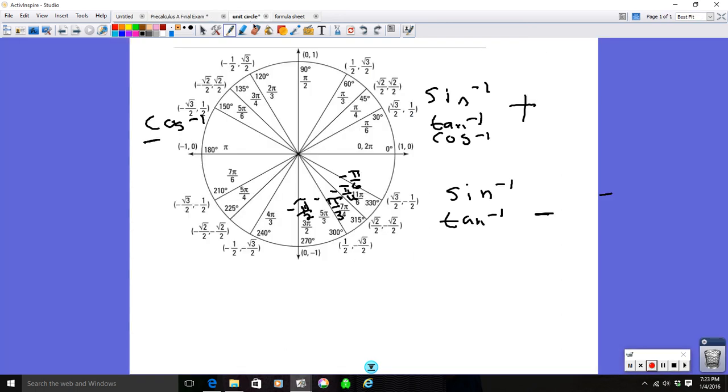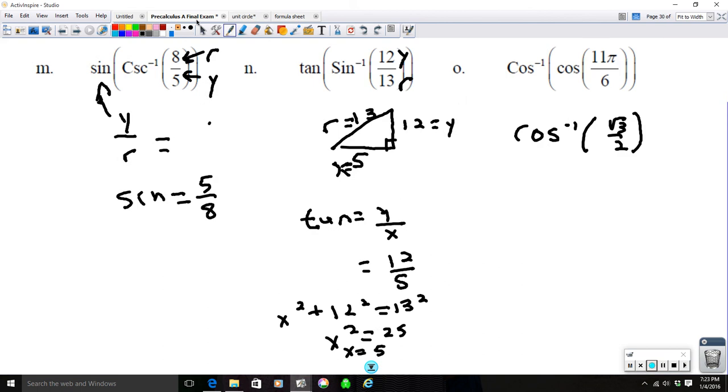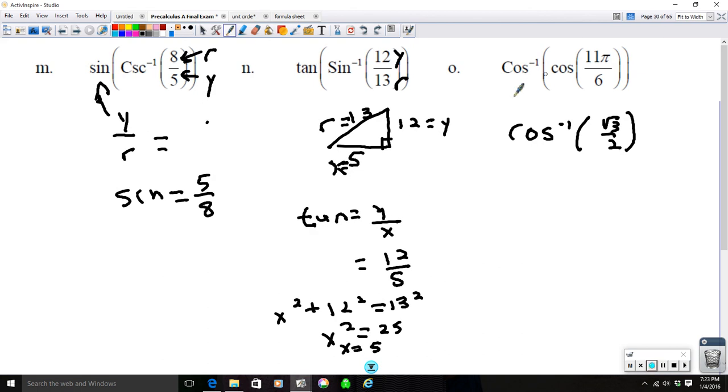So be careful here, because again, we're trying to find cosine inverse. So this was 11 pi over 6, but when it's cosine inverse, that's really negative pi over 6. Careful here. That's not correct. Cosine inverse is positive in quadrant number 1. I went to the wrong place. So we used the 11 pi over 6 to get the root 3 over 2.